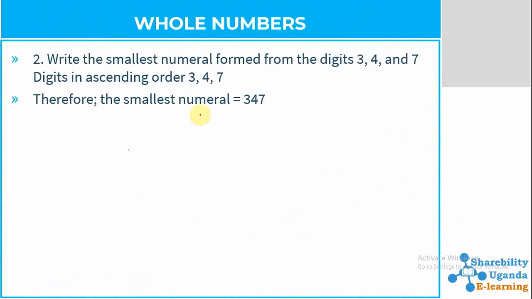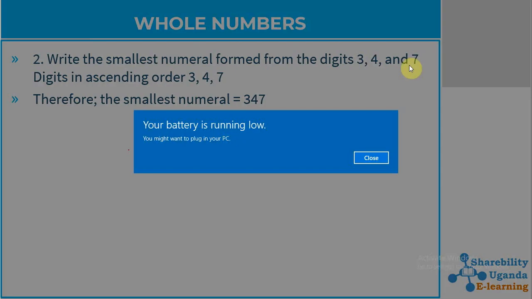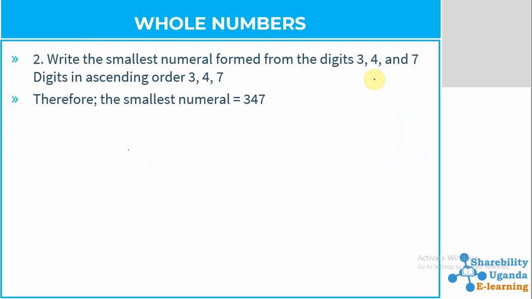All right, so let's also look at some other numbers. We also have another number here, our example 2. They are saying write the smallest numerals formed from the digits 3, 4, and 7.